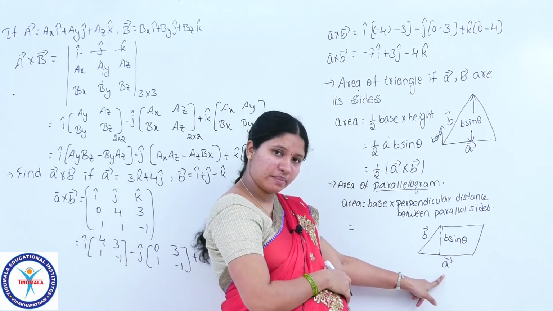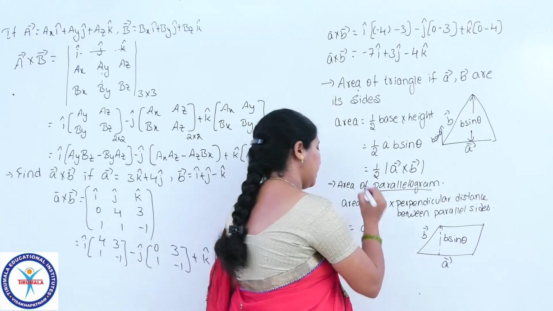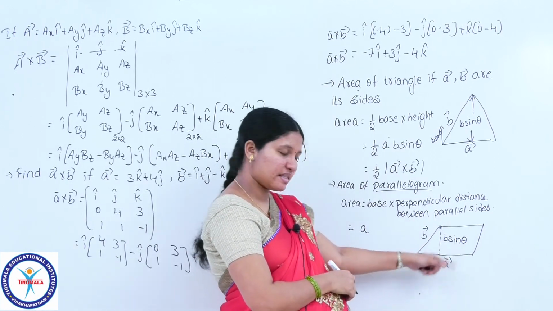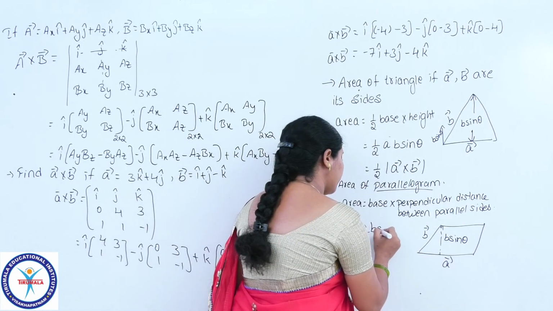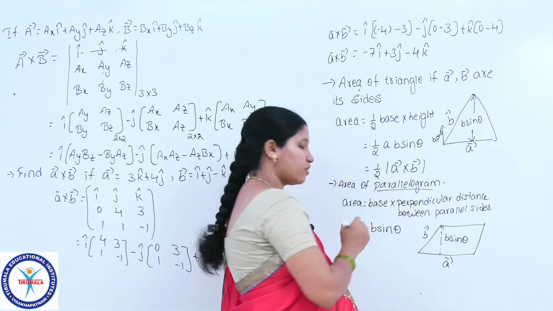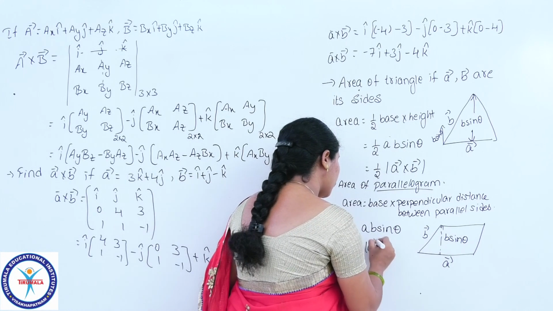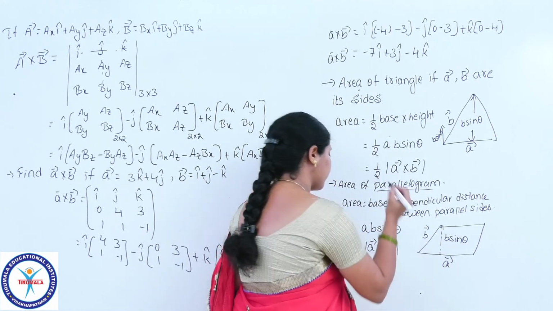So, we can write the area of a parallelogram is equal to base, the magnitude of a bar is a, into the perpendicular distance between parallel sides, b sin theta. So, we can write this as the magnitude of a bar cross b bar.